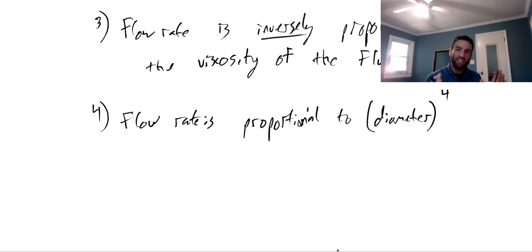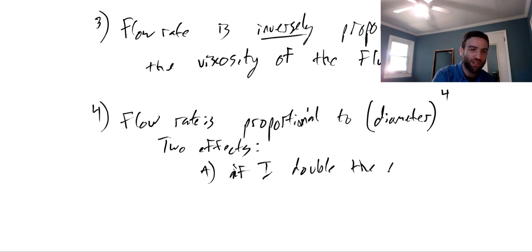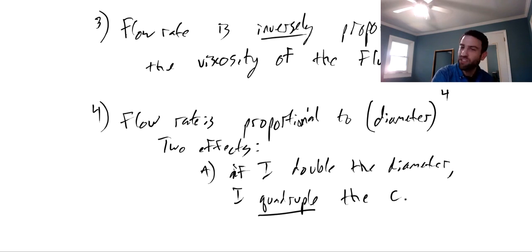So the idea here is that this is two effects. So effect A is, let's say I double the diameter, I quadruple the cross-sectional area.